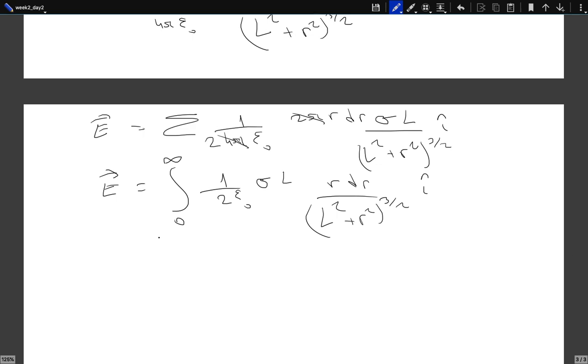This is the electric field. Now let's calculate this integral.